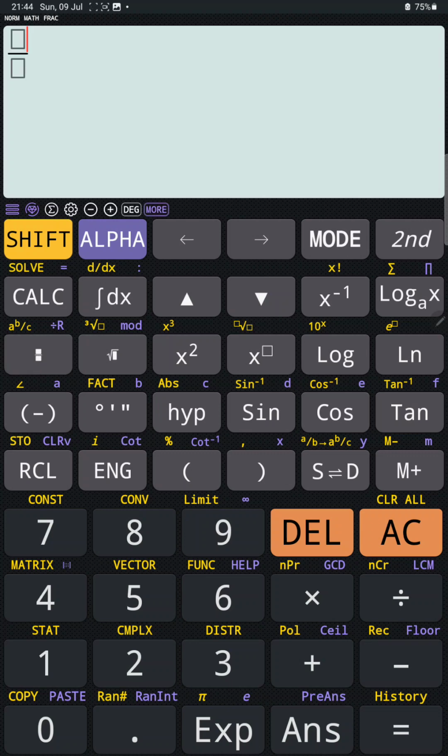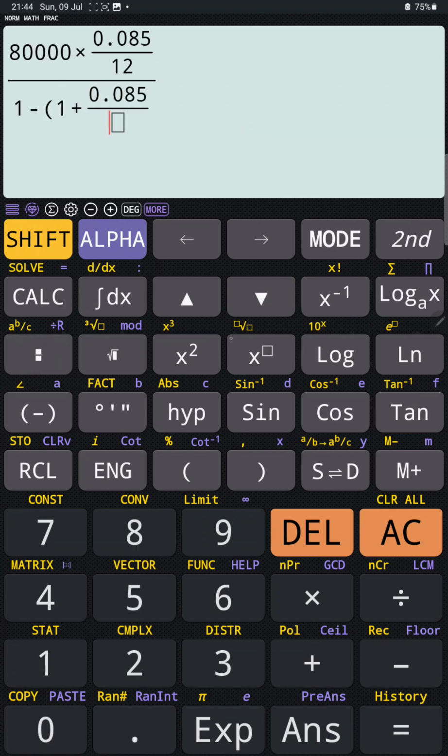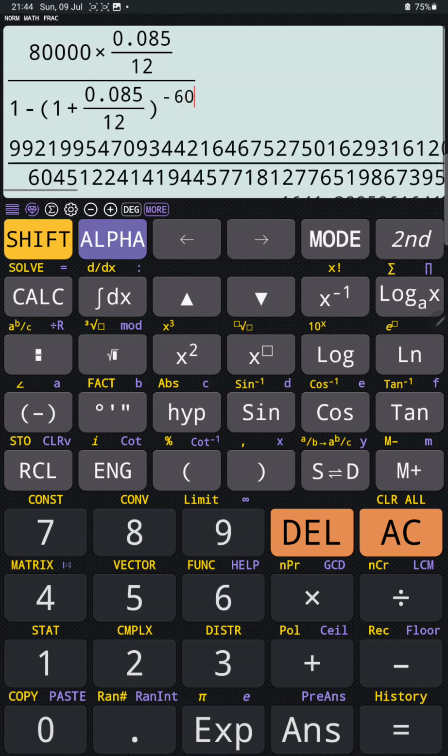So we're going to have 80,000 multiplied by 0.085 divided by 12, and then divided by 1 minus (1 plus 0.085 divided by 12) all to the power of -60.